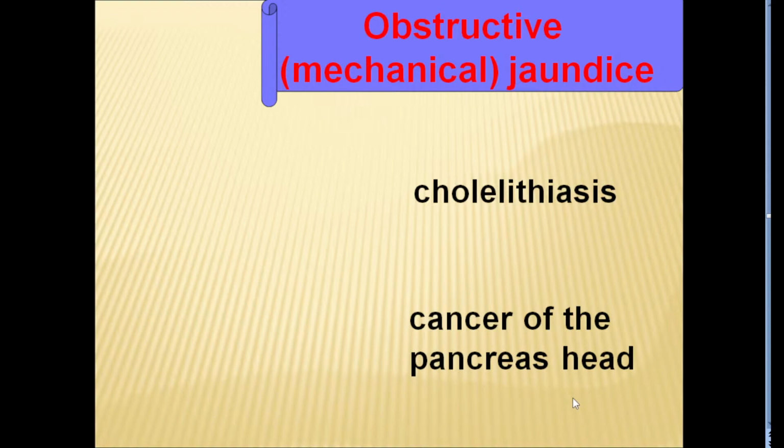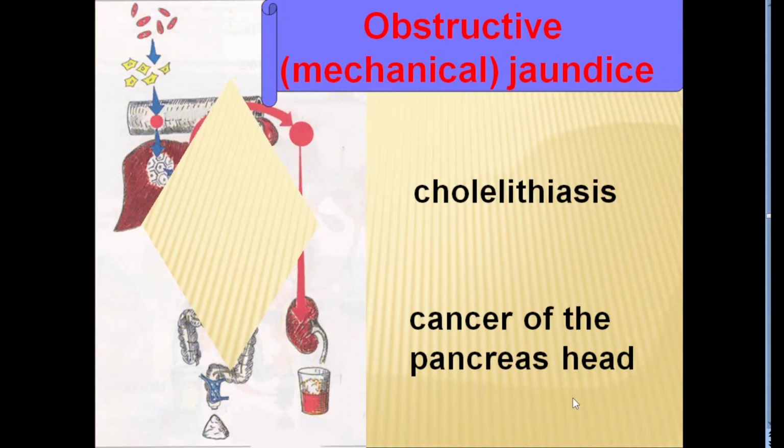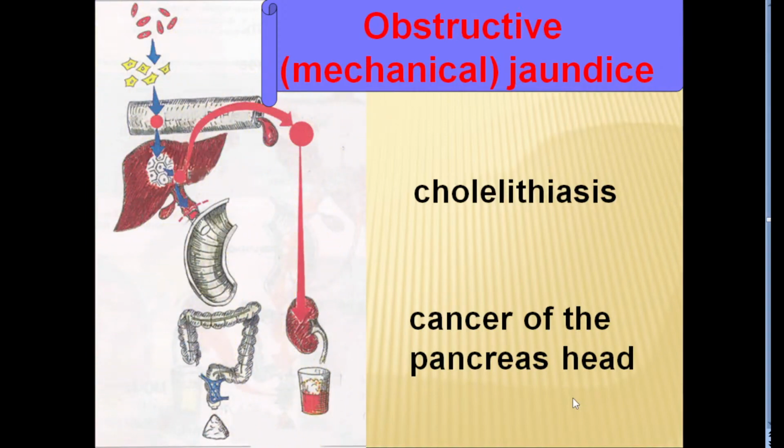Let's see how pigmentary metabolism will be changed in this case. The process of destruction of erythrocytes is usual. And a normal count of unbound bilirubin enters the liver. No problem with the liver also. And the level of bound bilirubin correlates with unbound.